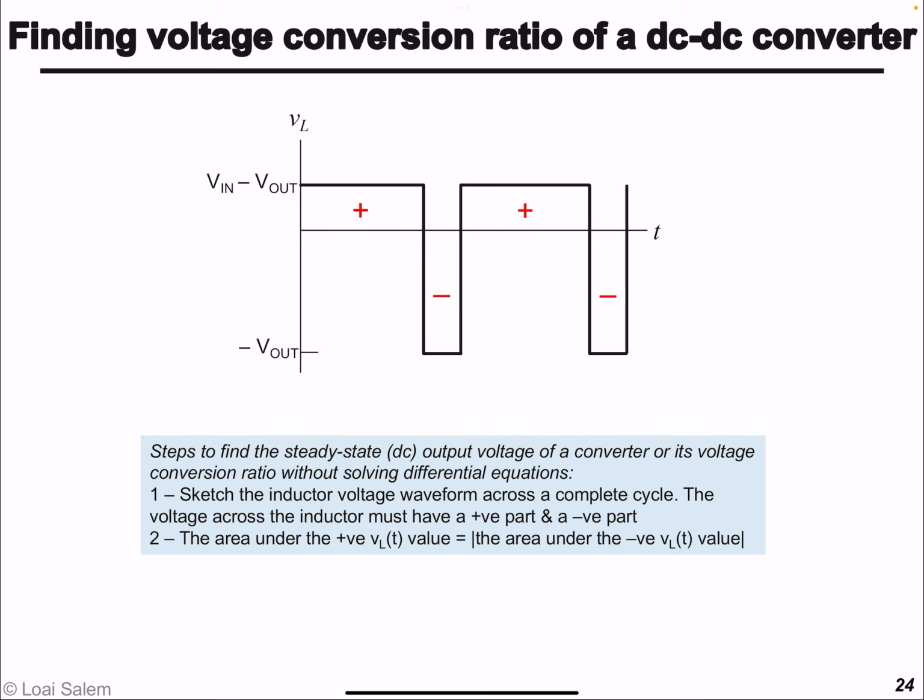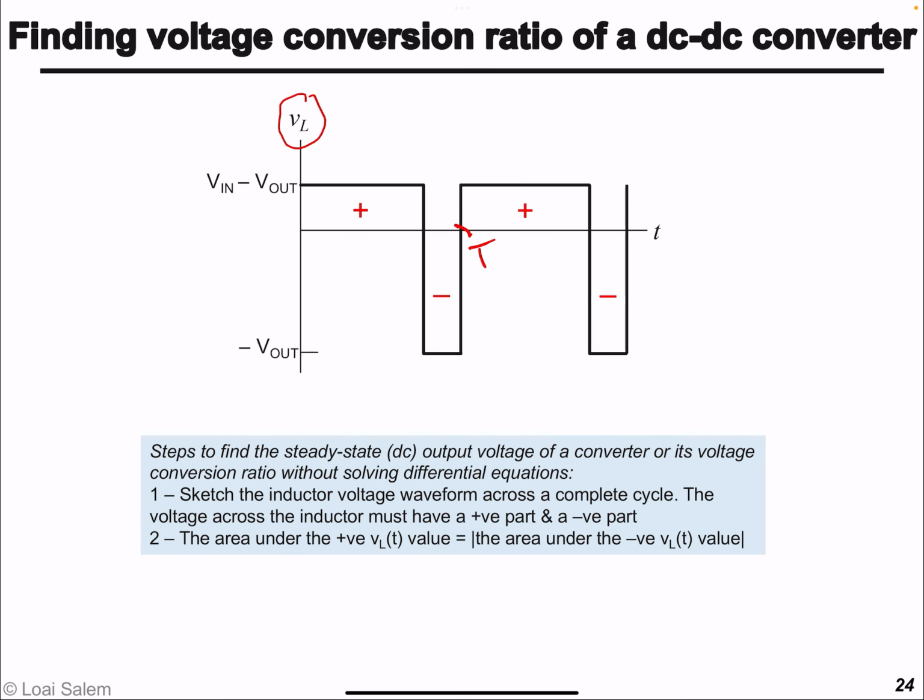And so to conclude, the approach to get the voltage conversion ratio of a power converter, buck converter, boost, buck boost, whatever we're going to see, is very simple. First, in time domain, we sketch the voltage across the inductor over a complete cycle.